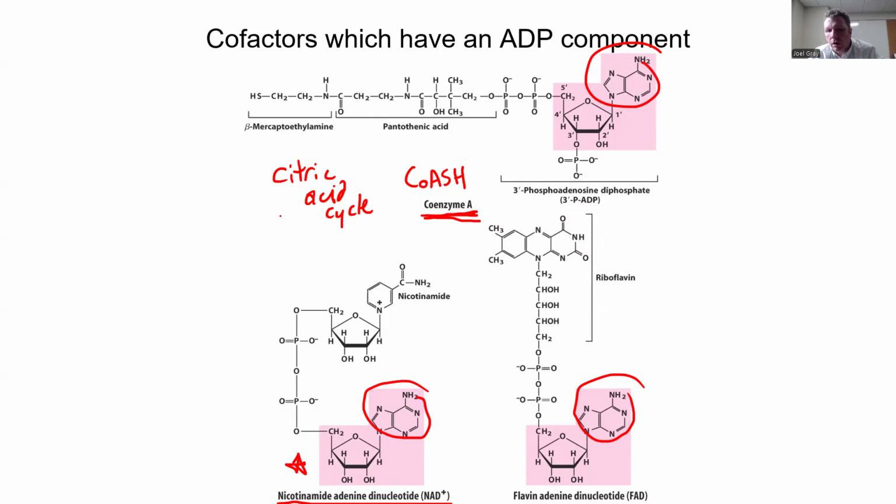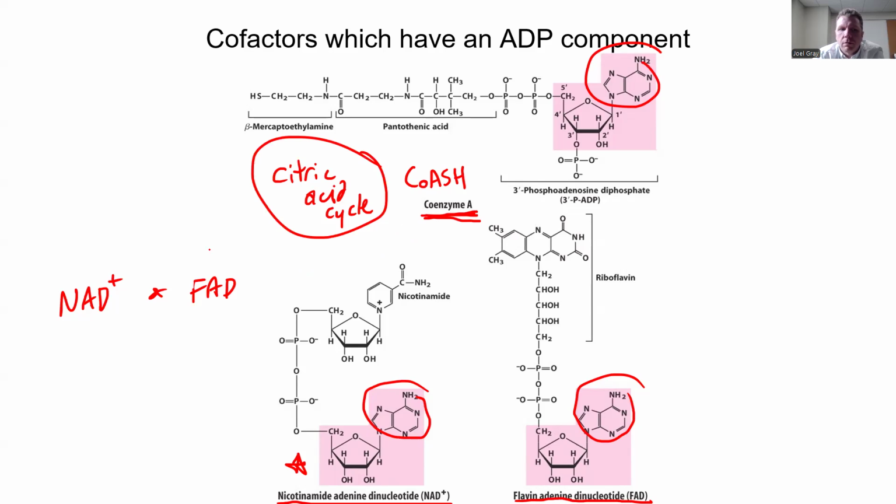The only difference is a hydride and therefore the overall charge. But NAD plus is a nucleotide-based molecule. Then the other one, flavin adenine dinucleotide, FAD. So NAD plus and FAD and coenzyme A, these are all major cofactors in the citric acid cycle.